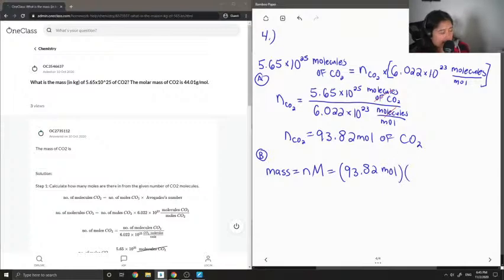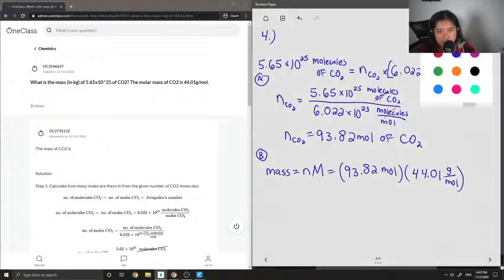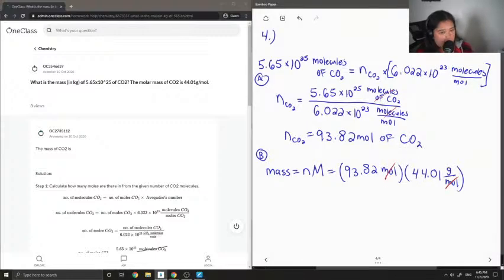And they gave us molar mass in the question, which is 44.01 grams per mole. Again, you know you did it right if your moles cancel out and you're left with your desired units, which is grams. So we end up with a mass of 4,129.13 grams.